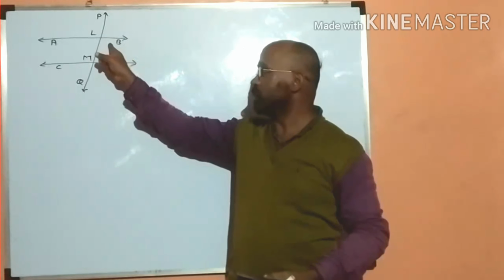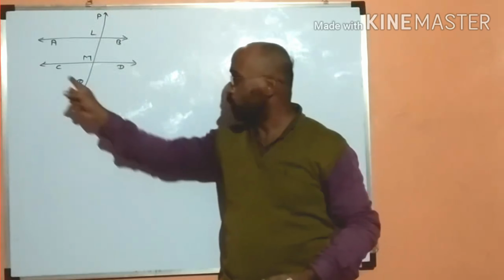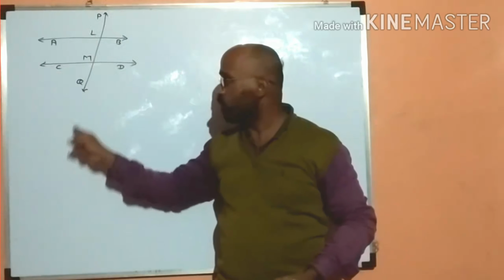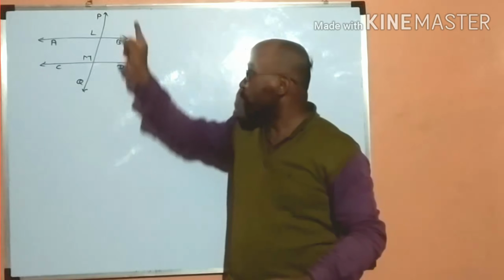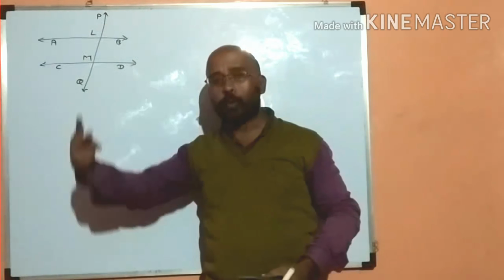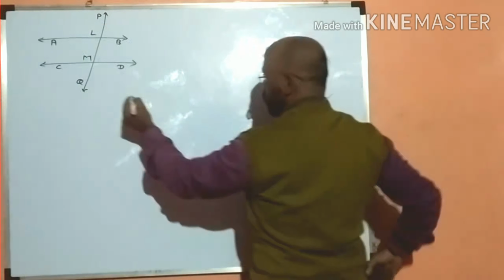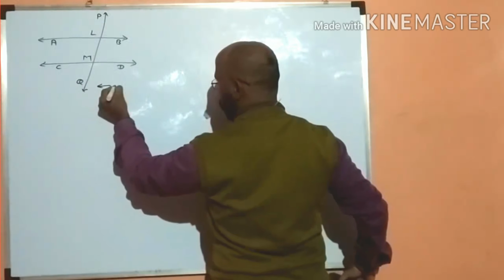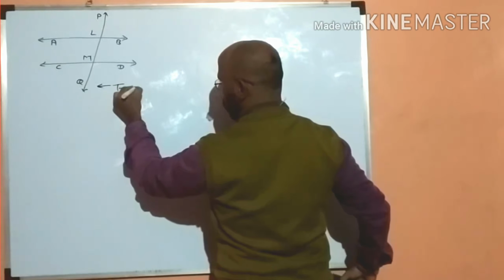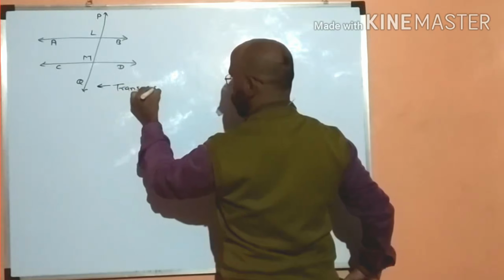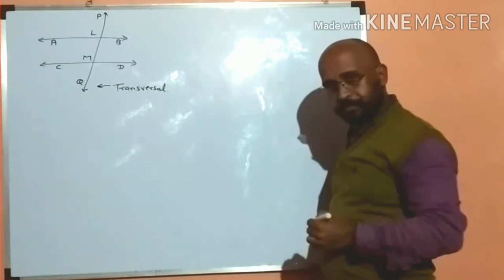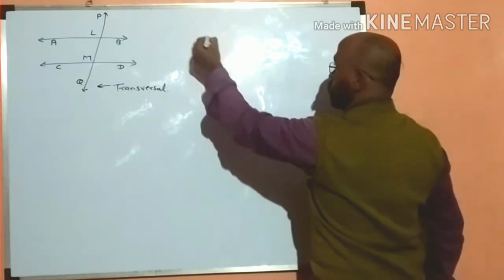Definitely not. AB is intersecting only one line, that is PQ. CD is also intersecting only one line, that is PQ. But PQ is intersecting two lines, so PQ is the transversal in this case. Clear, students? Let us see one more figure.